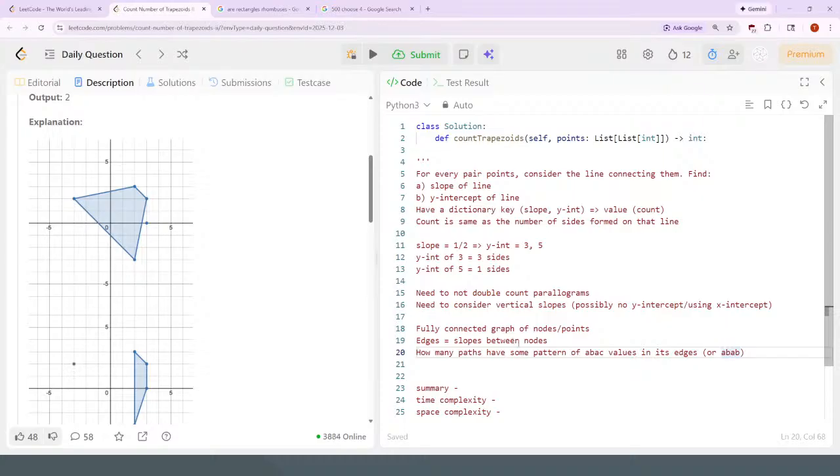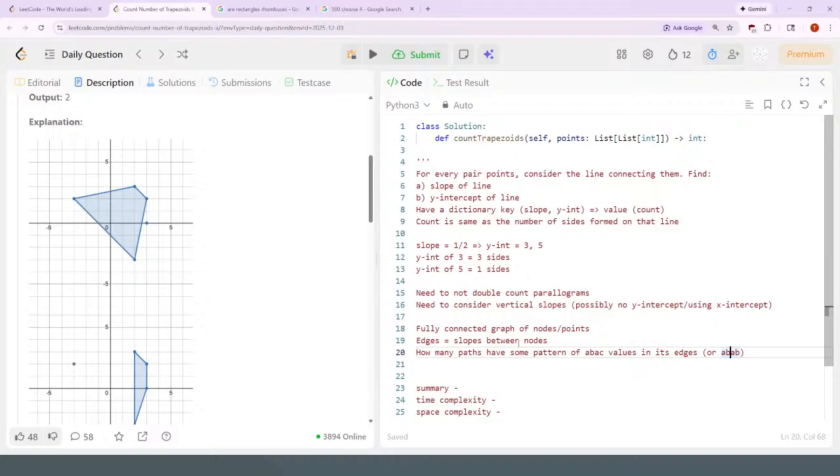I wonder if this formulation is any good. I don't even recall having to deal with anything like this. Fully connected graphs is like cyclic. It's definitely cyclic.